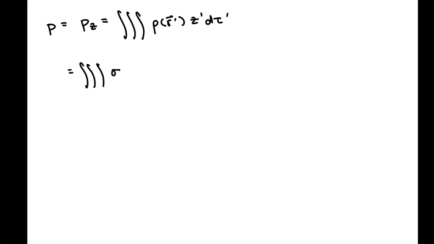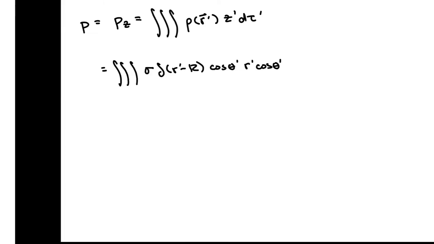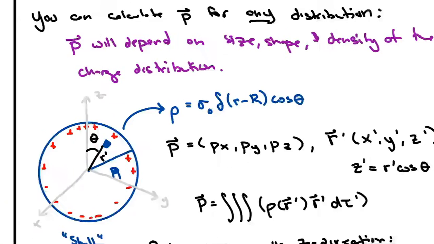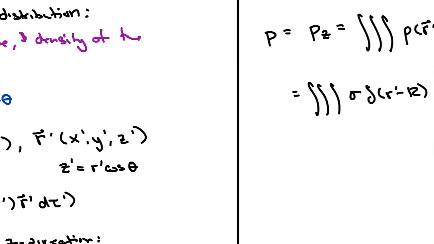The charge density looked like this. And I can rewrite, no, don't want to forget that little bit. I can rewrite the z as r prime times the cosine of theta. I'm going to put primes on these because it refers to the charge density. I'll put a prime on this too.